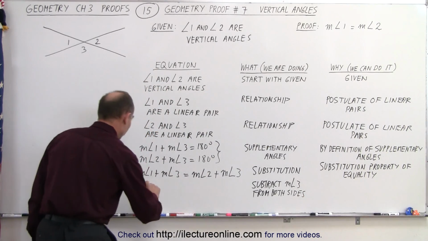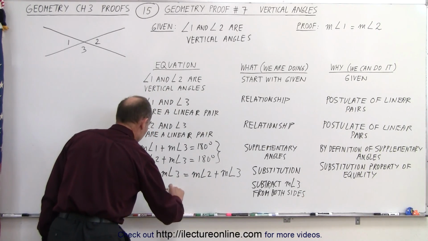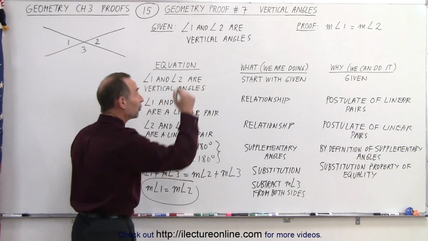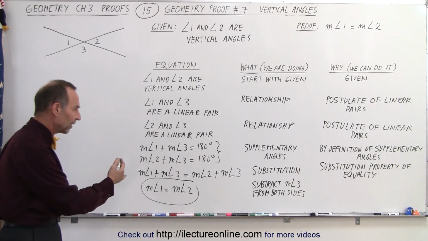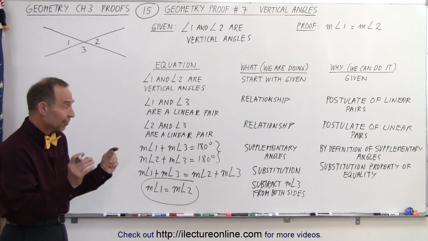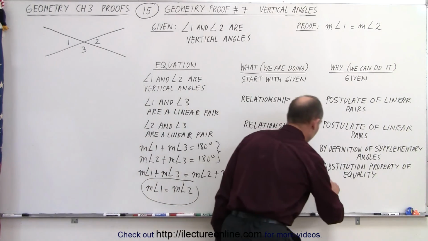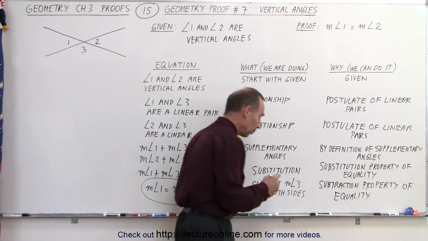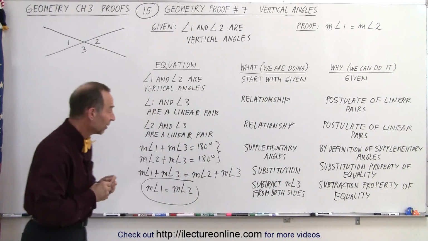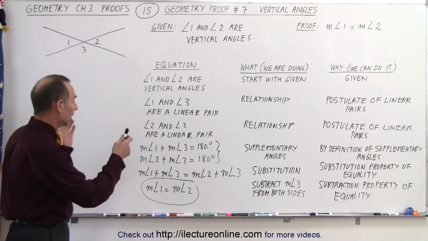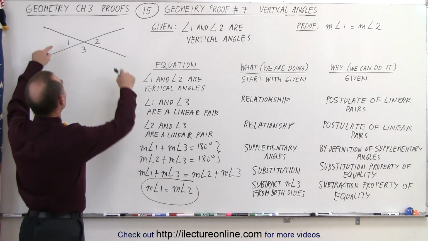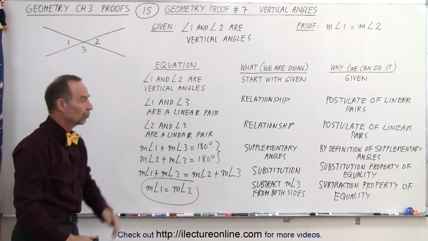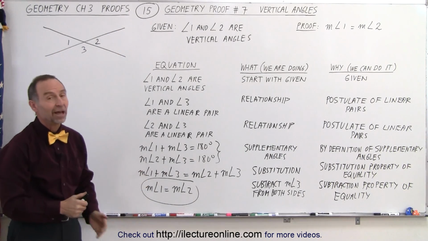If I do that, I end up with the measure of angle 1 equals the measure of angle 2, which is what I set out to prove in the first place. Why am I justified in doing that? I can subtract the same from both sides because of the subtraction property of equality. Which then leads us to this very important relationship between two opposite angles called vertical angles: their measures are the same. And this is how we prove that.